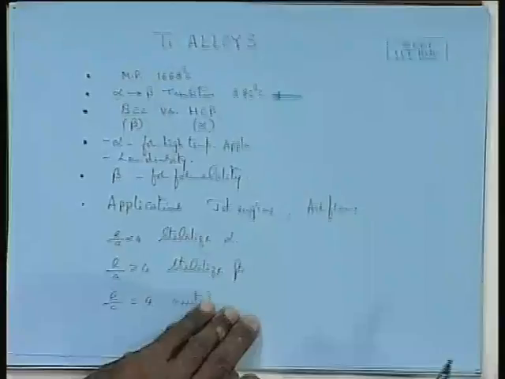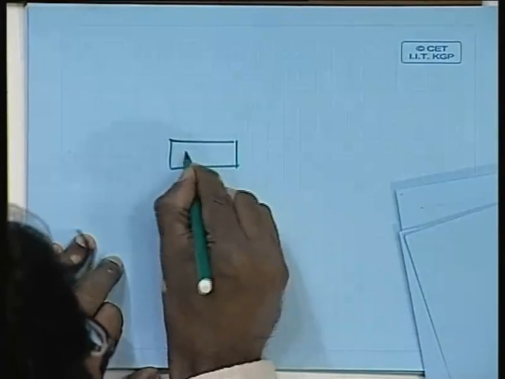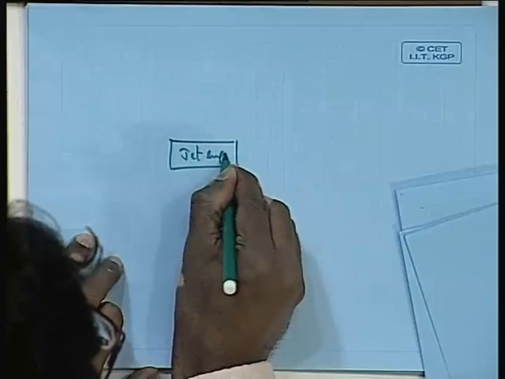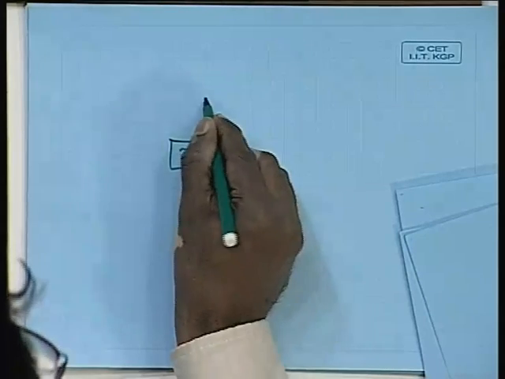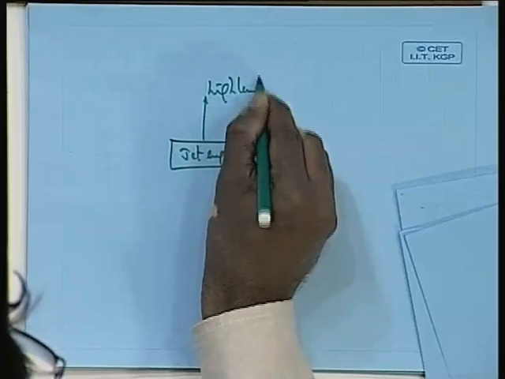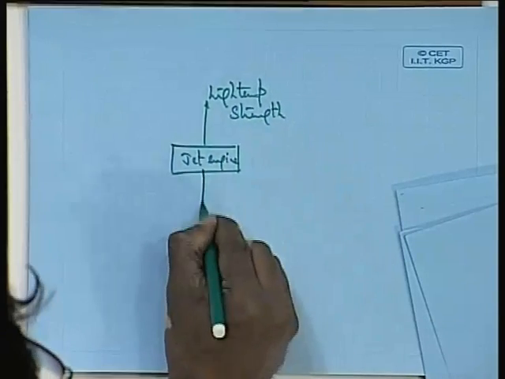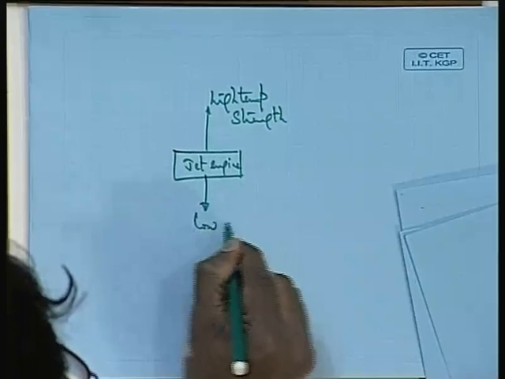So if you look at a jet engine, what are the requirements? The requirement is high temperature strength. Second is low diffusivity.